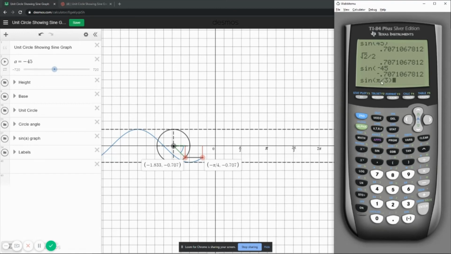I know that this should be root 3 over 2, but when I hit enter, it's not anything like that, because pi over 3 is basically 1. It's like 3.14 divided by 3, so it's 1-ish. So the sine of 1 is closer to that. So the calculator thought it was a degree, but it's not. We typed in a radian, so that means I need to change this to radians before I type that in, and that will give me my square root of 3 over 2. Square root of 3 divided by 2. You can see that that's that.